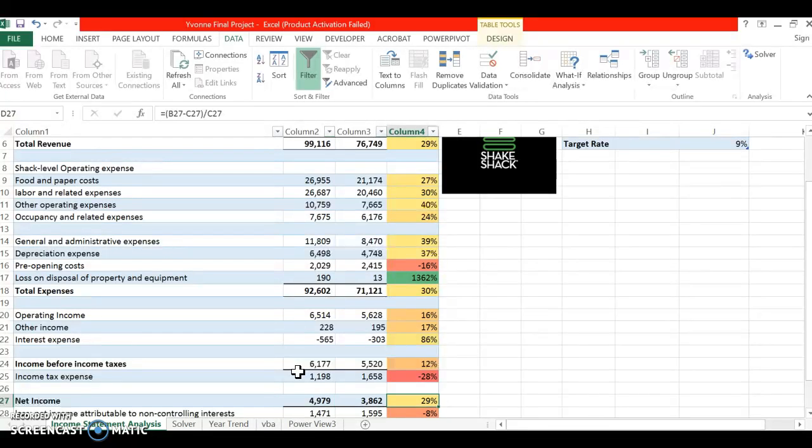So we can see our net income over the two periods has gone up by 30%, which is a very good financial sign for the company.